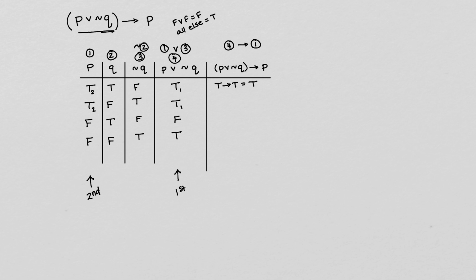If true, then true, so we'll get true again. Next, I have if false, then false. And so that will be true. And finally, we have if true, then false.